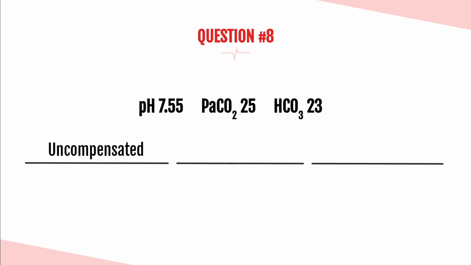How about our last name? Our pH is 7.55, acidic or alkaline? It is alkaline. And what's our middle name? What is trending towards that alkalosis? It's our carbon dioxide. It's trending towards alkalosis, and our bicarb is normal here.